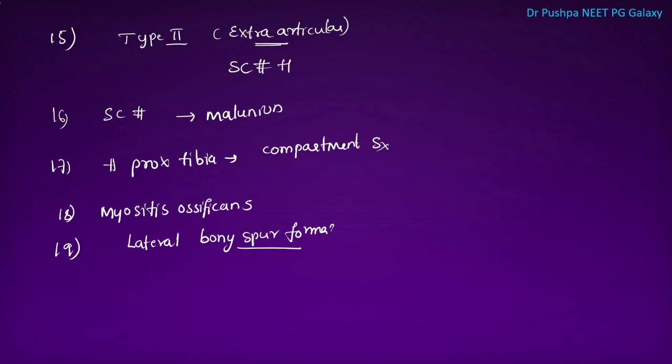This bony spur formation does not require any surgery, whereas most common complication requiring surgery is non-union. This non-union causes a deformity called as cubitus valgus.